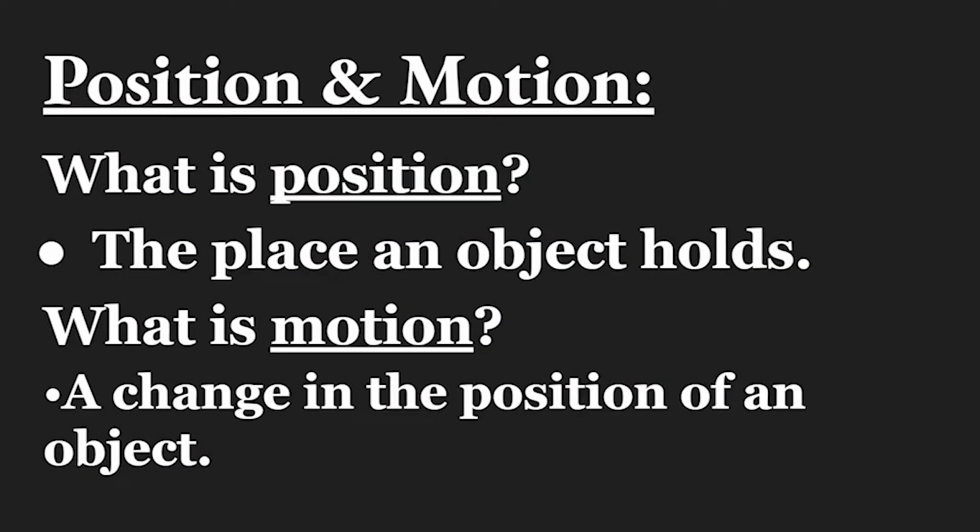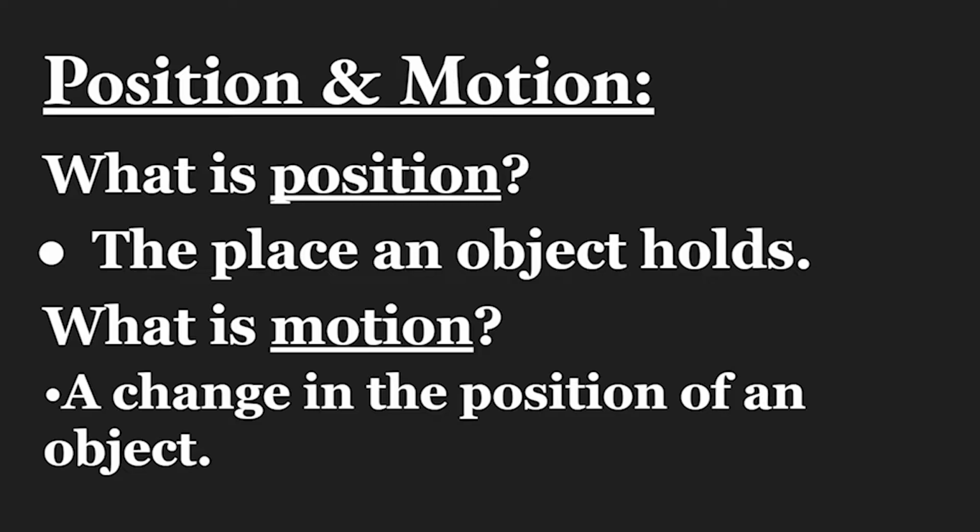The first thing we're going to address is something that's really simple. You don't need a high level of academic ability. You don't need to love science to understand this, and that is position and motion. What's position? It's simply the place an object holds, okay? If you're at home and you're looking at your Chromebook while you watch this lesson, the place your Chromebook is sitting, that's its position, the place that object holds.